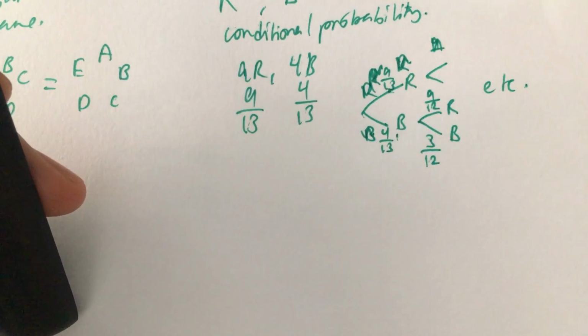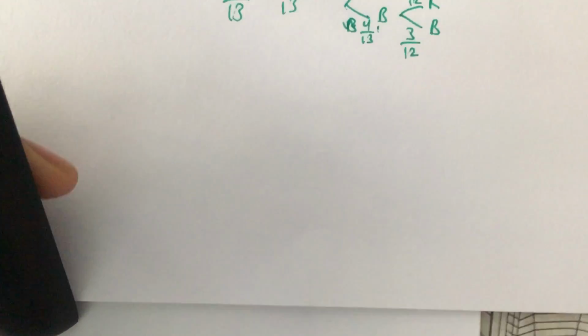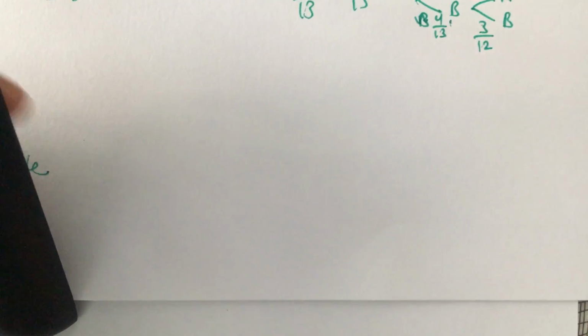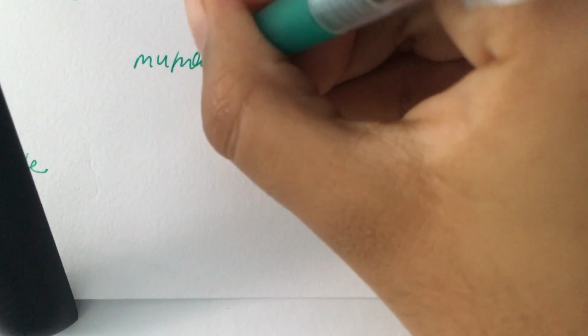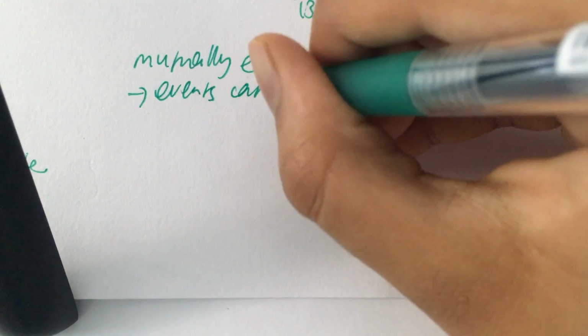Sorry, I almost forgot what the meaning of mutually exclusive is. How brilliant. Okay, so mutually exclusive refers to events that cannot happen at the same time. That's what happens in the addition principle, the red or blue. You can't have both red and blue at the same time.